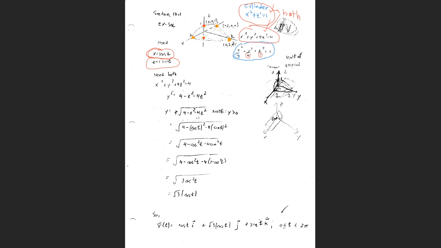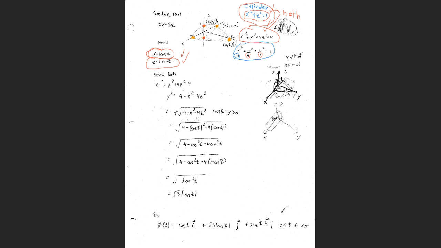So you determine two components of your space curve right away, because where the cylinder intersects the ellipsoid, that curve of intersection has to obey the equation for the cylinder. The only way that would happen is if x is cosine of t and z is sine of t, because only those two parametric equations would give you x squared plus z squared equals 1.